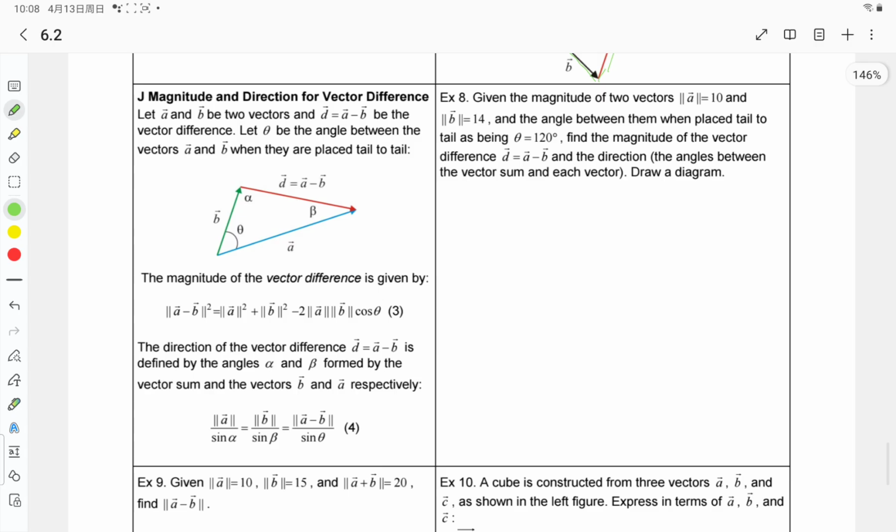And then magnitude and direction for vector difference. A and B are two vectors, and this is the vector difference.